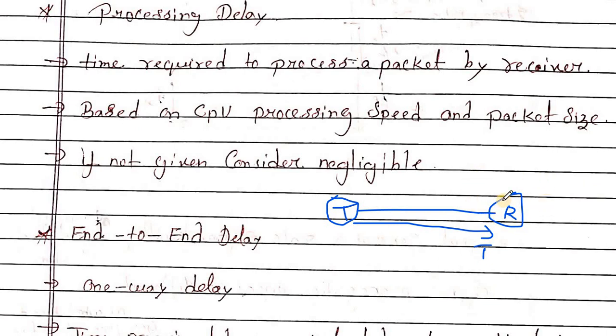The packet goes to the receiver side, the receiver is busy, the packet stands in the buffer for some time, called queuing delay, and after standing in the buffer, the packet gets a chance to be processed by the CPU. The time required to process the packets at the receiver end is called processing delay.